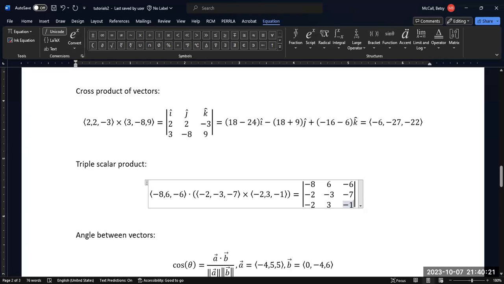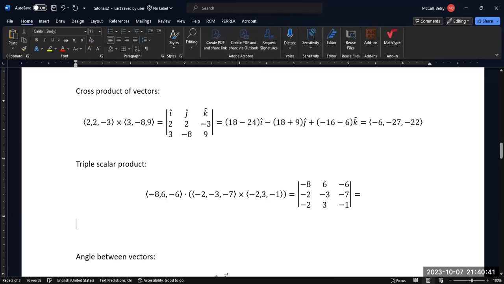But that is the most different that it would be by re-scrambling these vectors. Now, again, keep in mind, your cross product is going to produce a vector, but when you dot it, you're going to produce a constant. So in the end, what we're going to end up with here is a constant.